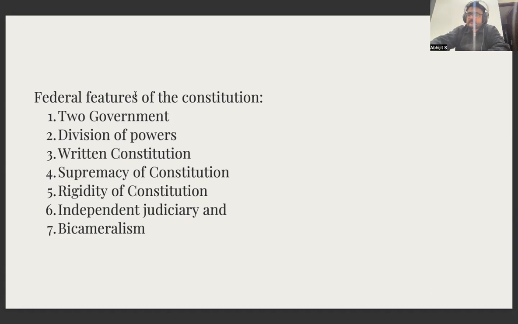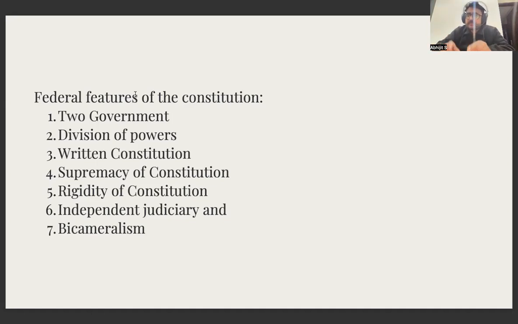The states would enact laws on items in the state list, and both can enact laws on items in the concurrent list. But if there is ever a difference of opinion between the center and the state, the opinion of the center would prevail, again pointing to a unitary bias.